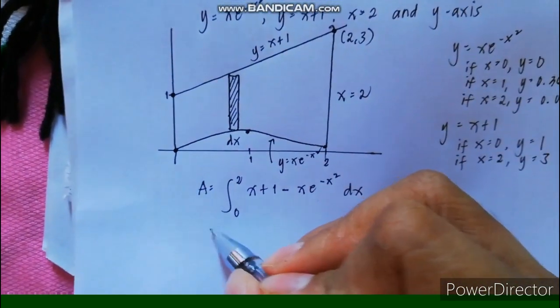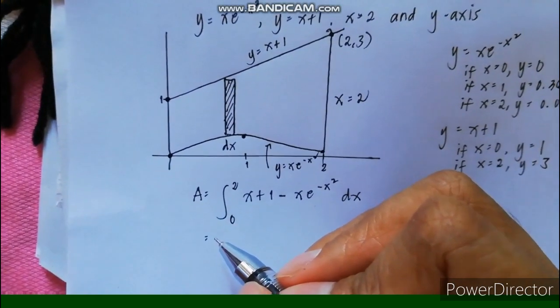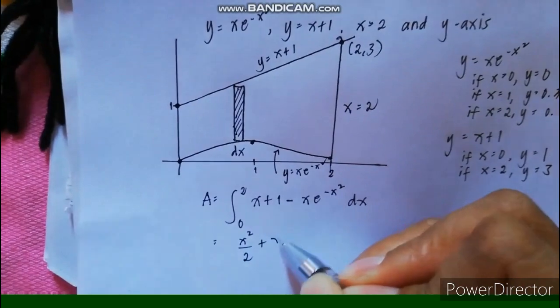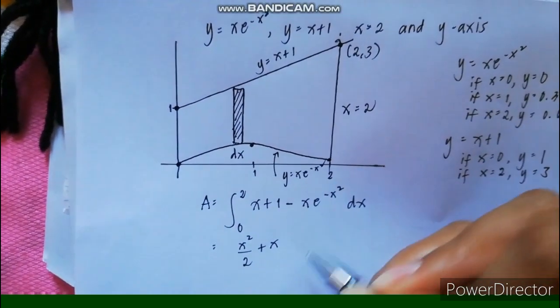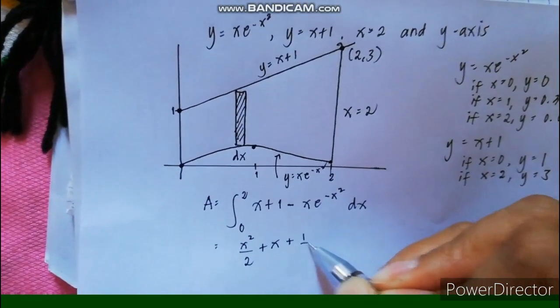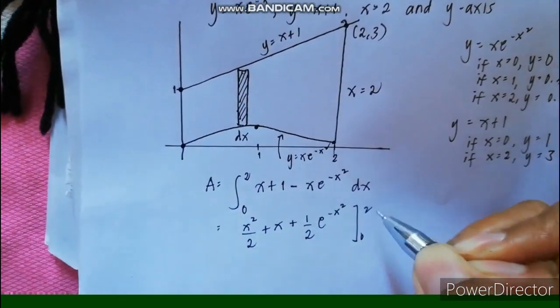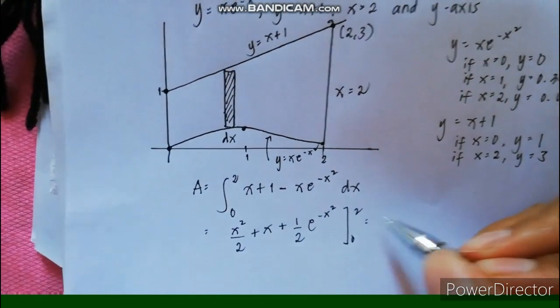Then let's integrate x plus 1, so that is x squared over 2 plus x minus, since we have negative x squared there and we don't have 2, so we put 1/2 e raised to negative x squared. Limit is 0 to 2. Substitute the limits.